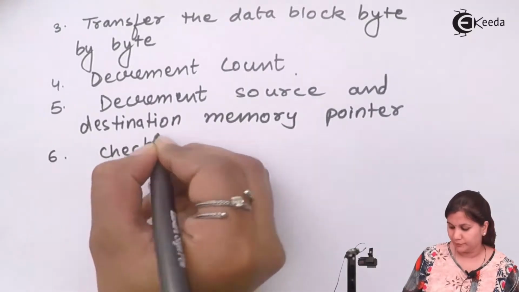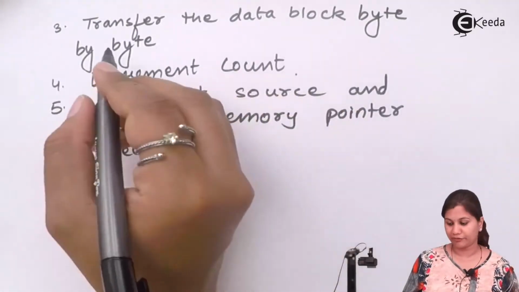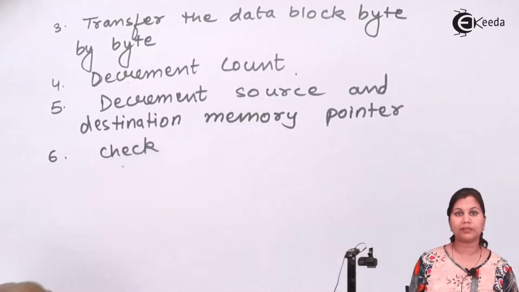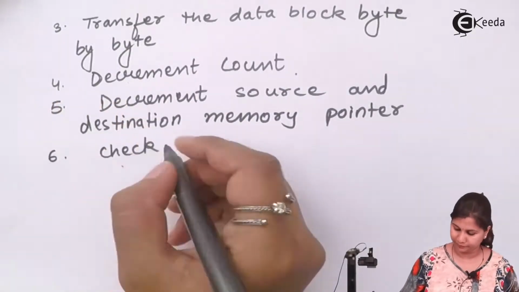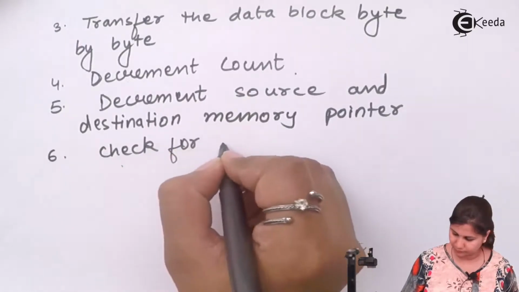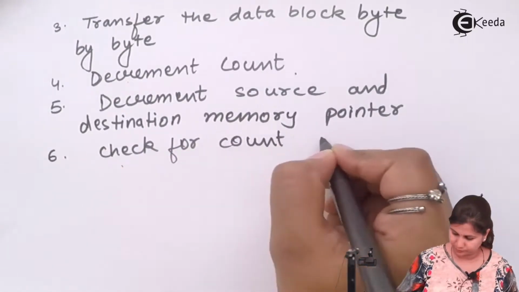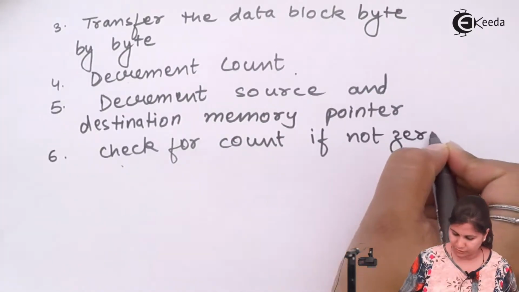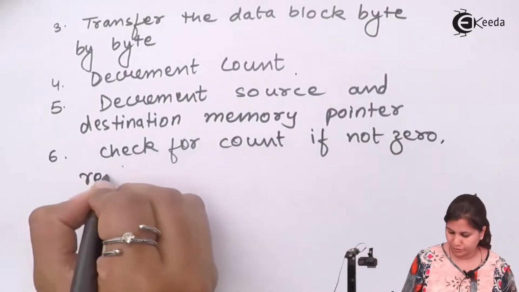After that, because we decrement the count after every transfer, we have to check whether this count has become 0 or not. If not 0, repeat the process.